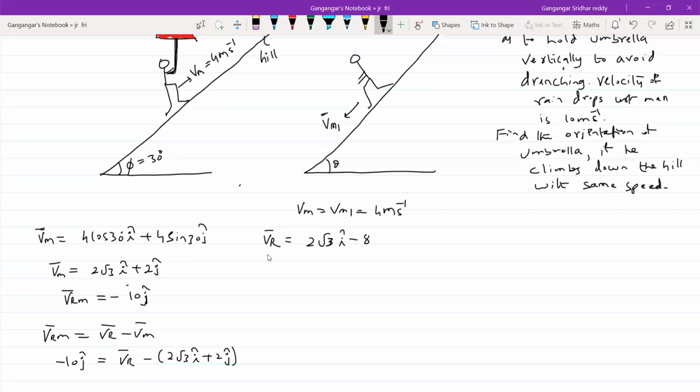So minus 8 j cap. This is actually the velocity of rain, with components 2 root 3 and 8. Now get the direction of VR. This is the VR bar.